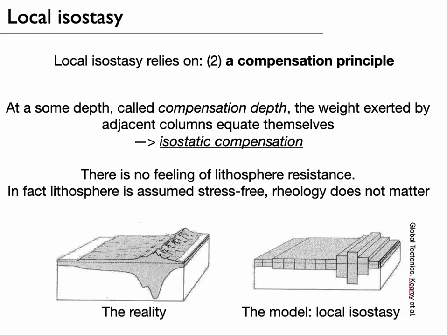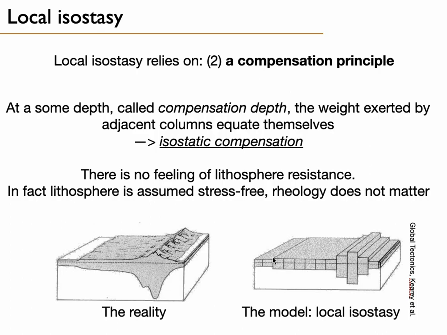So to make it very sketchy, you can represent a mountain belt this way. So you would have a continental margin here, lowlands, highlands, and below you may know that there is a variation of the Moho depth below the system, and these are smooth variations.